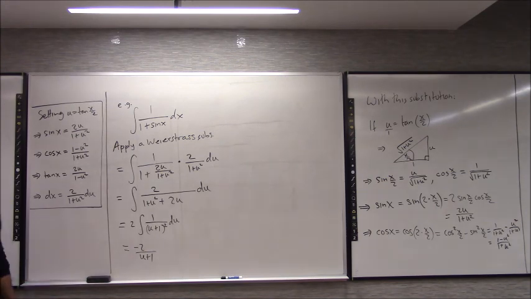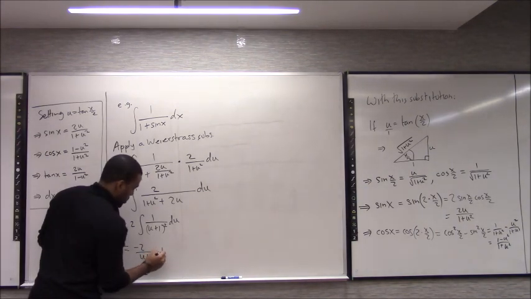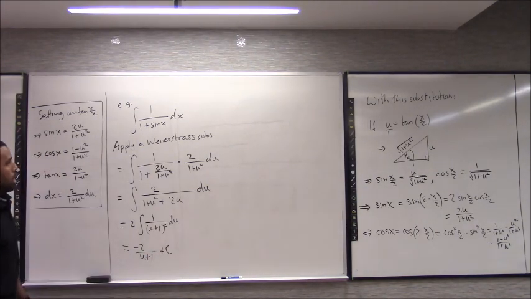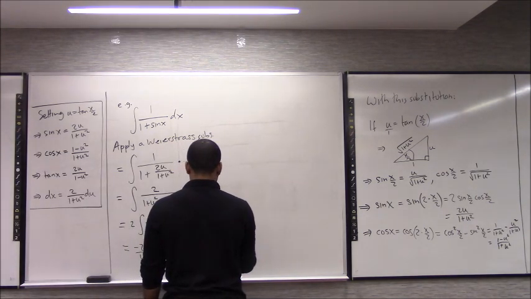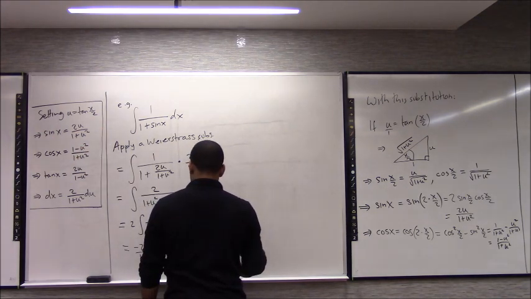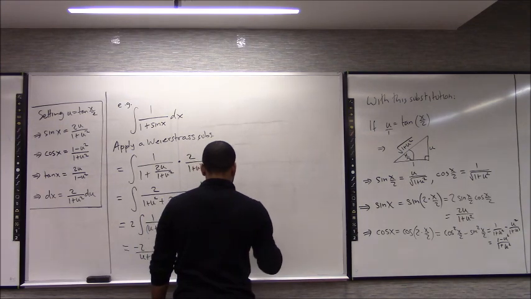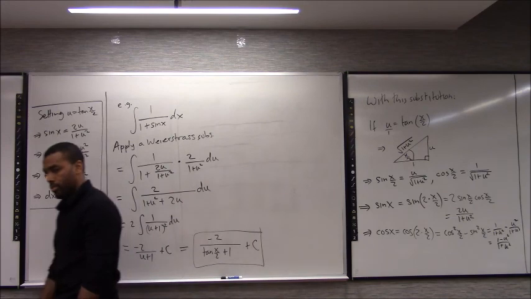Technically you do a substitution, but it essentially comes down to add 1 to the power, divide by the new power, plus c. And that is going to be our integral. Minus 2 divided by, our u is tangent x over 2, plus 1, plus c. And that's our answer.